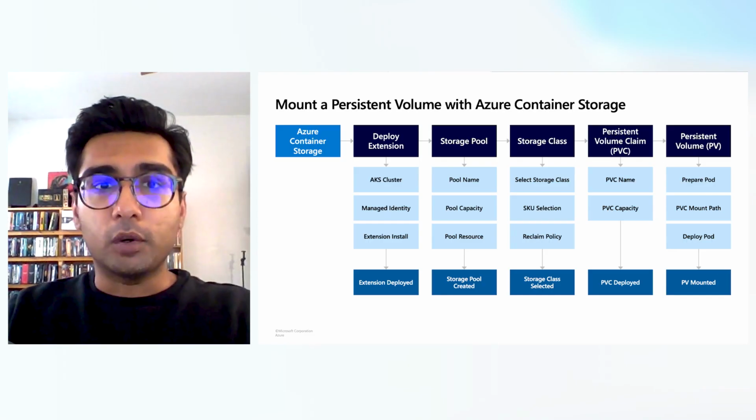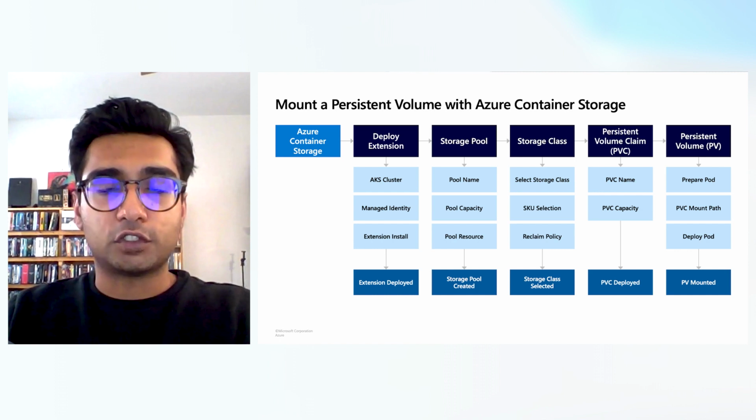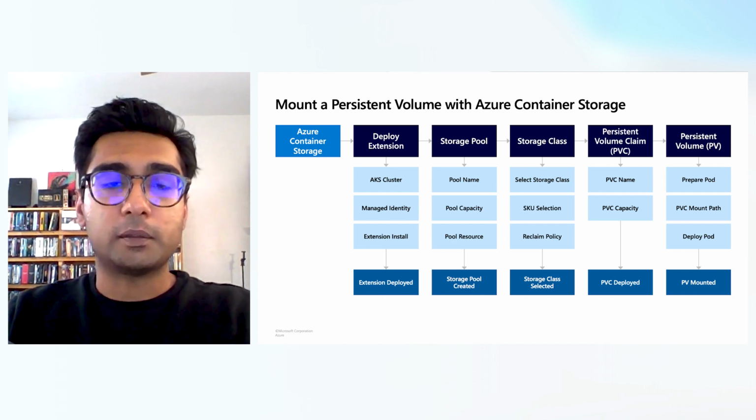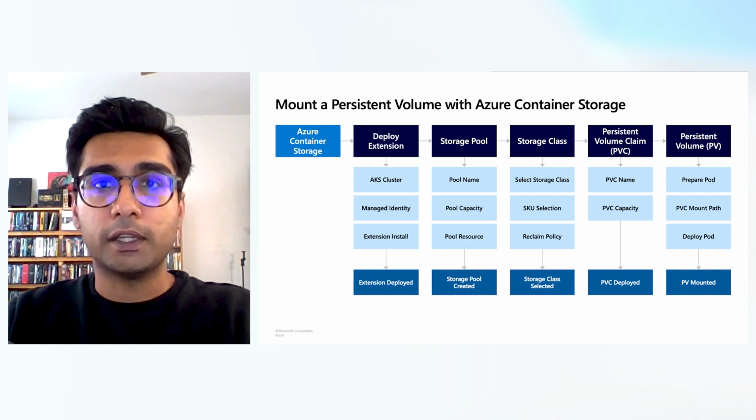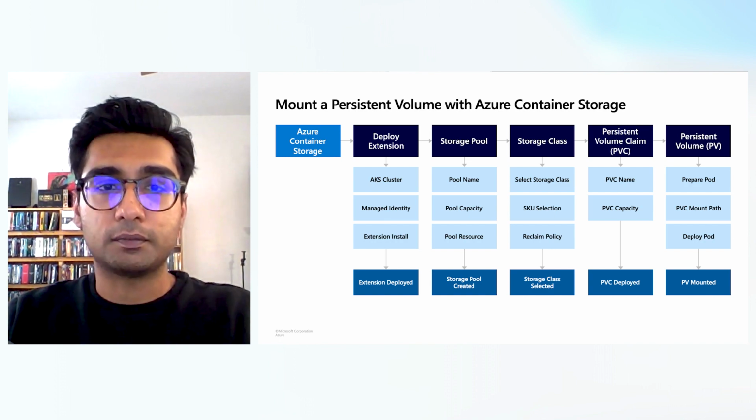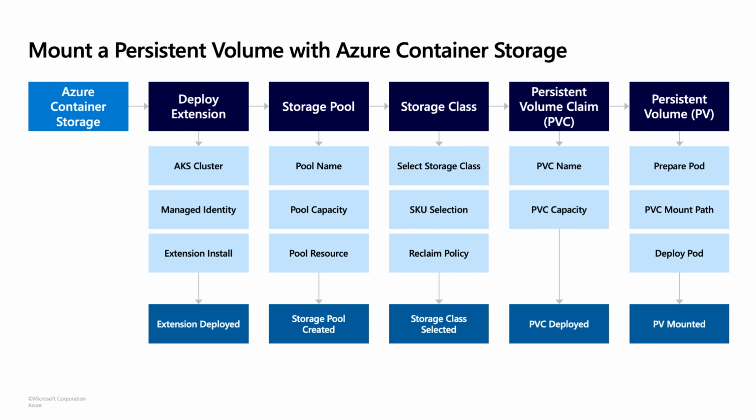In today's demo, we will deploy Azure Container Storage on an existing AKS cluster. Then we will mount a persistent volume in a stateful pod utilizing Azure disks. At a high level, we start by deploying our extension in our AKS cluster that requires a step involving managed identity.